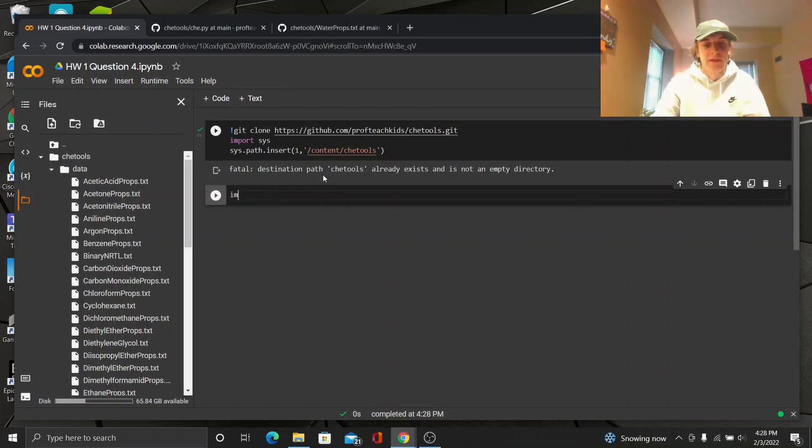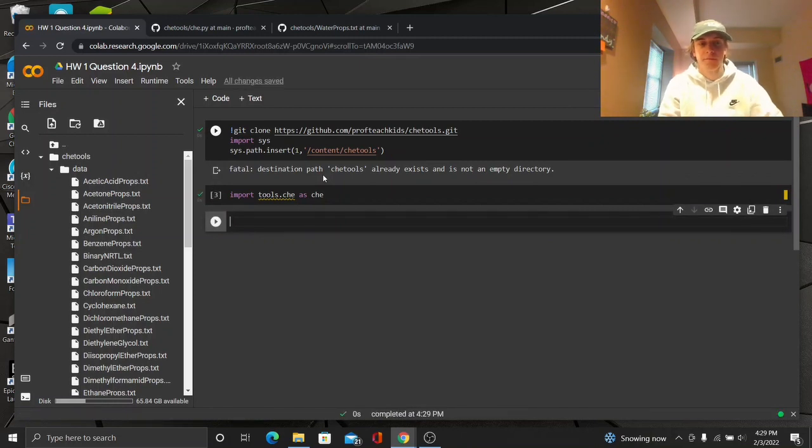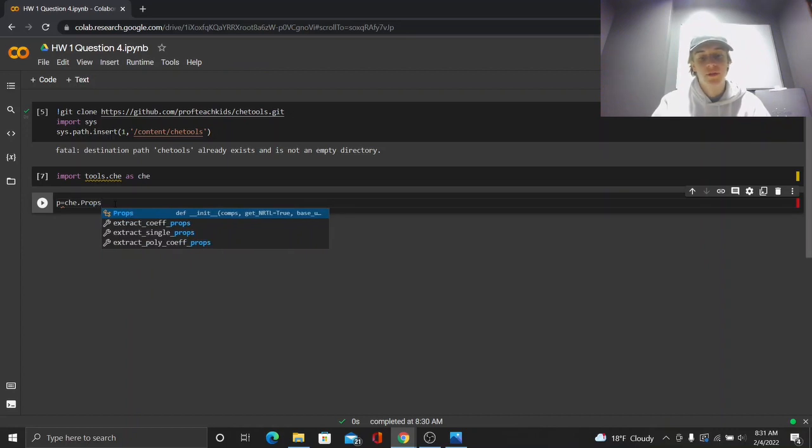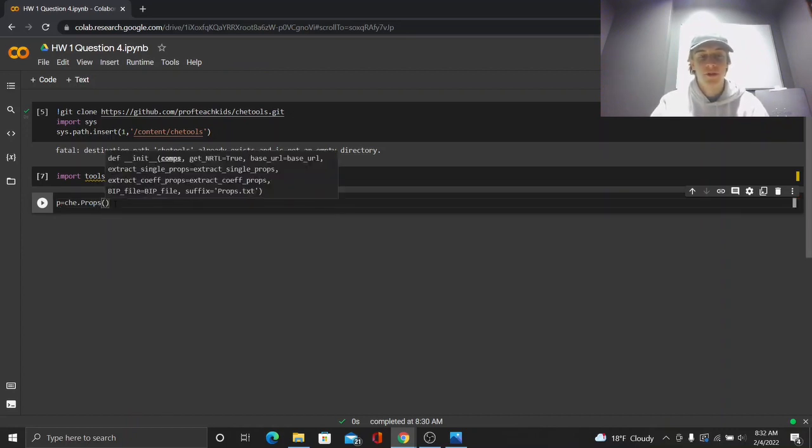So now, to be able to use this throughout the rest of our code, I'm going to import the tools as CHE. Now we need to download these tools for water, since our problem is only going to be dealing with the water values.